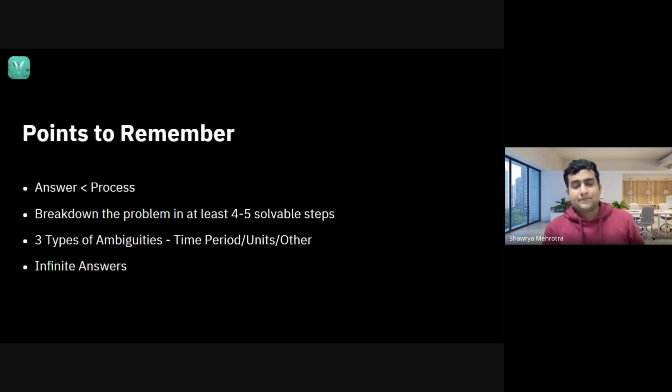Right? Units. Units is another very interesting ambiguity. You'll notice that in some of the questions, they haven't really clarified, and I'm not talking about units in terms of kgs or pounds, right? I'm talking about units from the perspective of what exactly that terminology really means. For example, market size itself could mean two things. Market size could mean market size with respect to the revenue, right? With respect to the revenue generated.